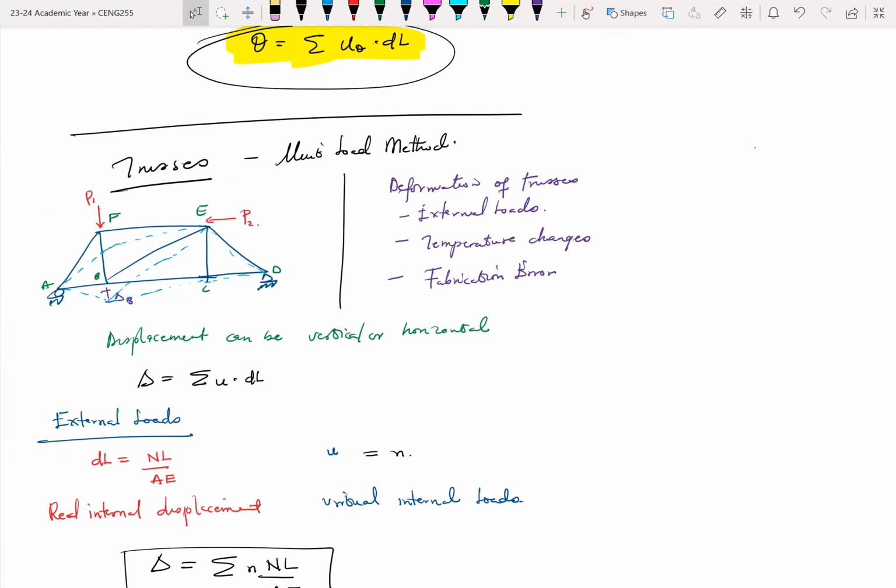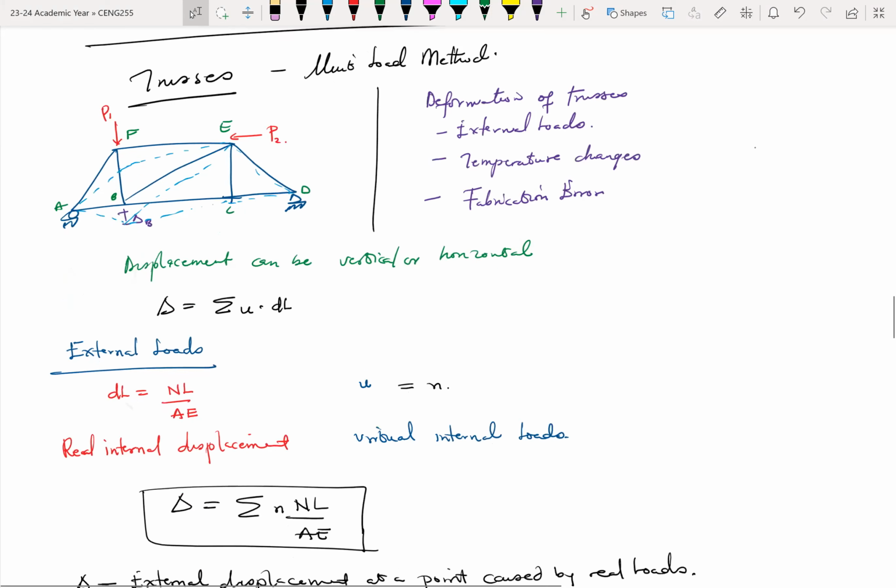The other is temperature changes, since typical metal or steel structures respond considerably to temperature changes. And also fabrication error. Maybe during the welding or bolting process, errors could be introduced, which can change the length of the different members of the truss.